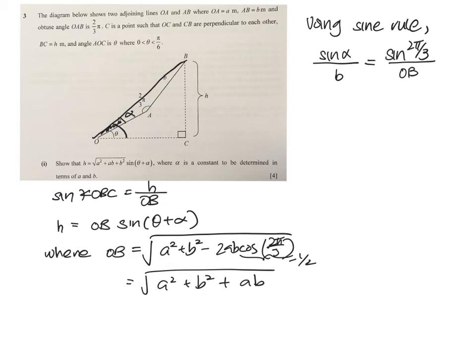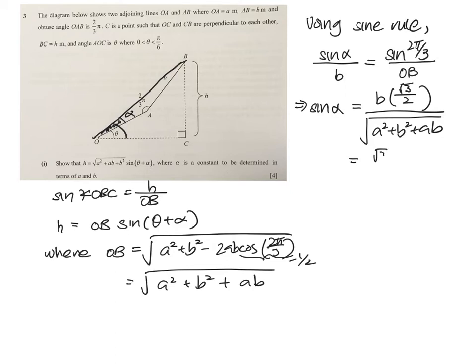So using the sine rule on this alpha and the angle 2 pi over 3 and their corresponding opposite lengths, we can figure out what sine alpha is, which is B. Sine 2 pi over 3 is equivalent to sine pi over 3, square root 3 over 2, over, earlier on we know what OB is, which is square root a square plus b square plus ab. So upon simplifying it, we have square root 3b over 2 square root a square plus b square plus ab.